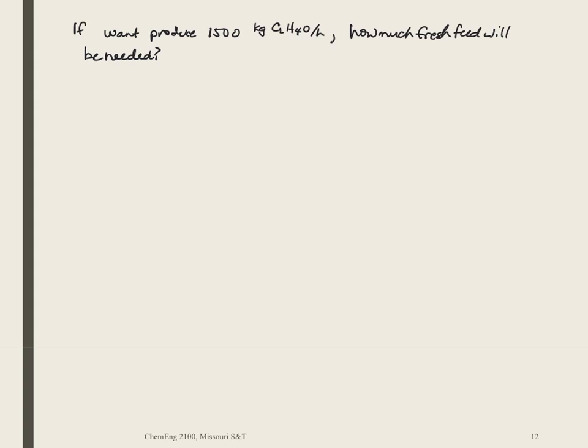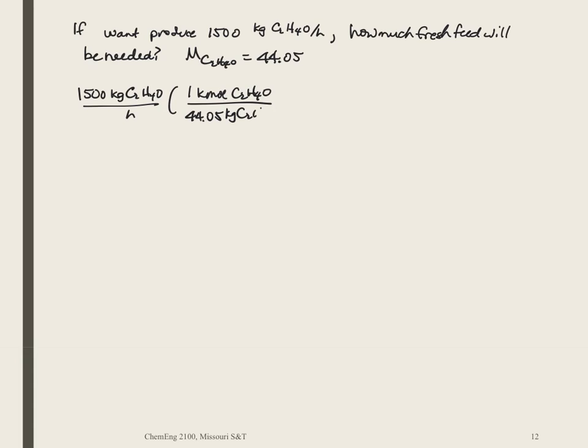So we're going to need the molecular weight of C2H4O because they've asked for mass, and that's 44.05. And let's just play the scaling game. So first of all, 1,500 kilograms of C2H4O per hour, 1 kilomole of C2H4O is 44.05 kilograms of C2H4O.